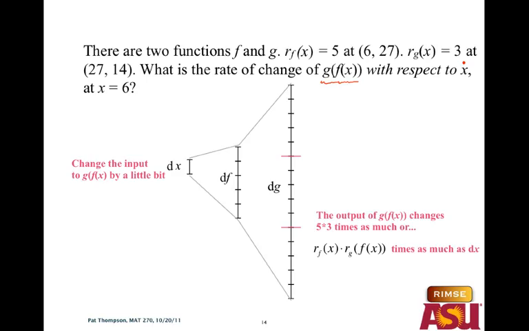And then if f changes by 5, then g is going to change by 3 times as much as that. So the whole multiplier on the change in x becomes 15. So this is our m. This is the rate of change of g of f of x with respect to x. It's a product of the rate you get in the first process times the rate you get in the second process if that first one changed that much.